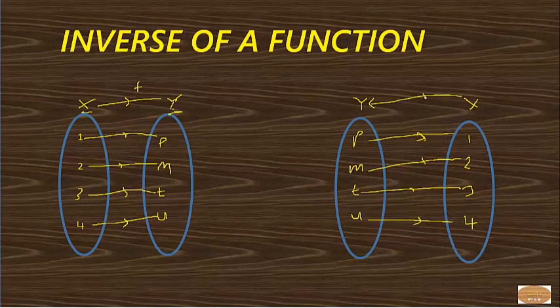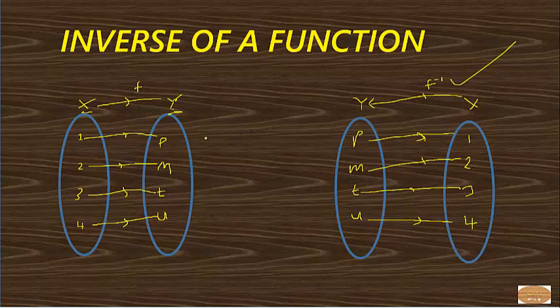That is, the f changes to be the inverse. So we have a small minus 1. We call this one the inverse. So the moment we change x and y, this one also changes to be the inverse. So that's the explanation of the inverse of a function.